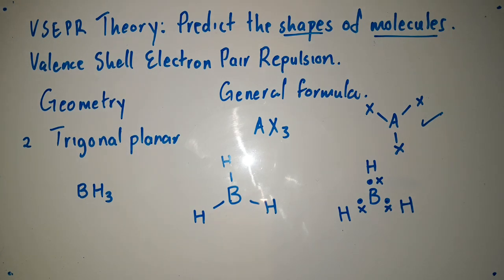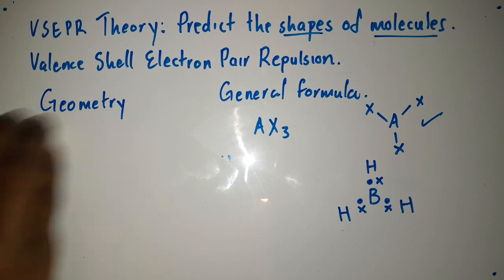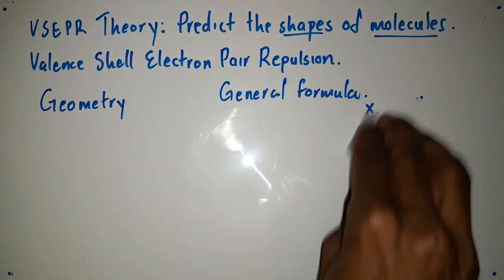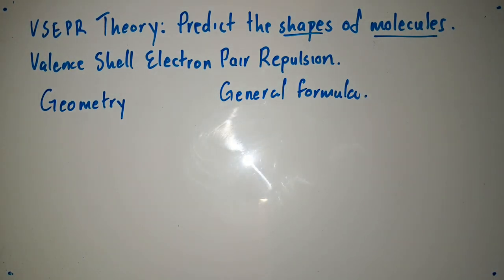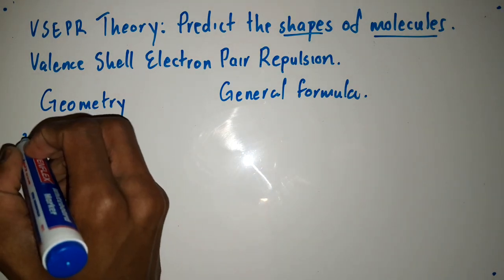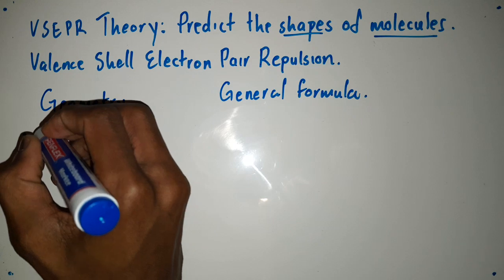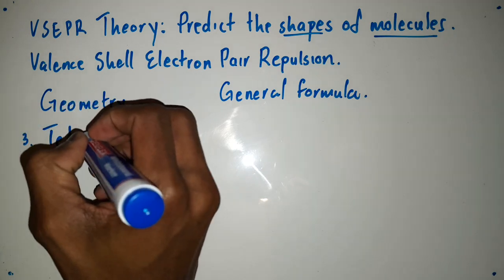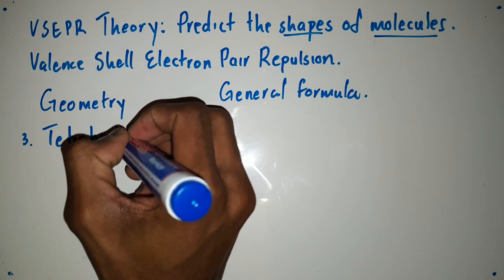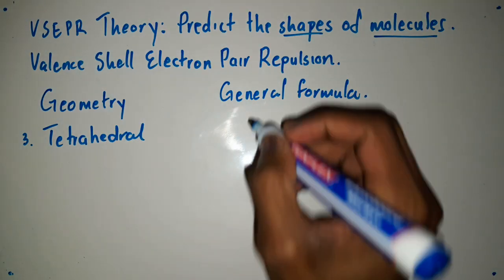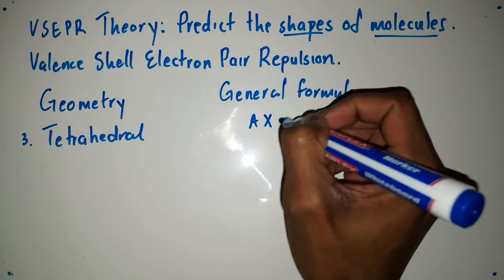Let's continue. We also have this one, the third one, which is known as tetrahedral, like this. It is given by AX4.